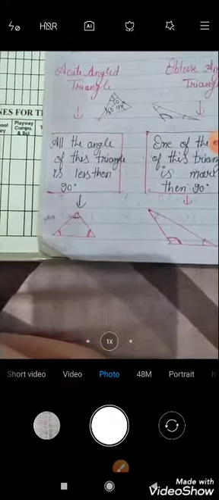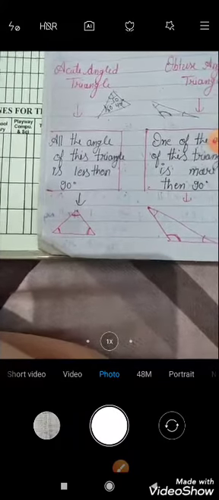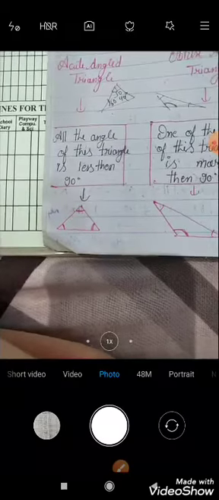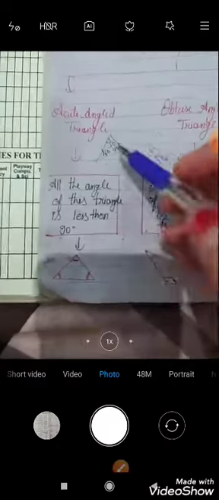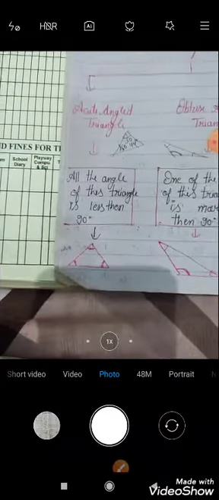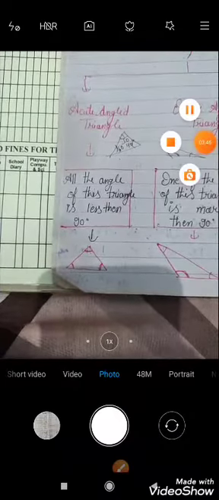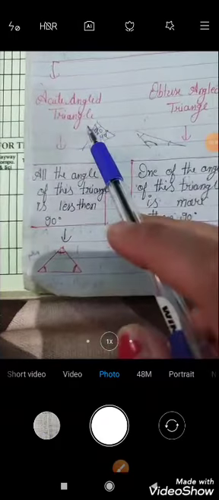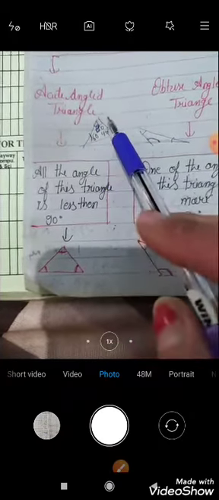If any triangle has all 3 of its angles less than 90 degrees, then this triangle is known as an acute angled triangle. For example, here we have a triangle whose interior angles are 60 degrees, 40 degrees and 80 degrees, and all these angles are less than 90 degrees. So this triangle is known as an acute angle triangle.